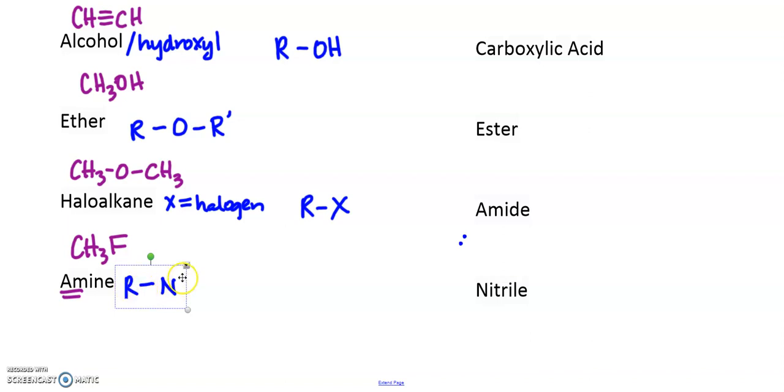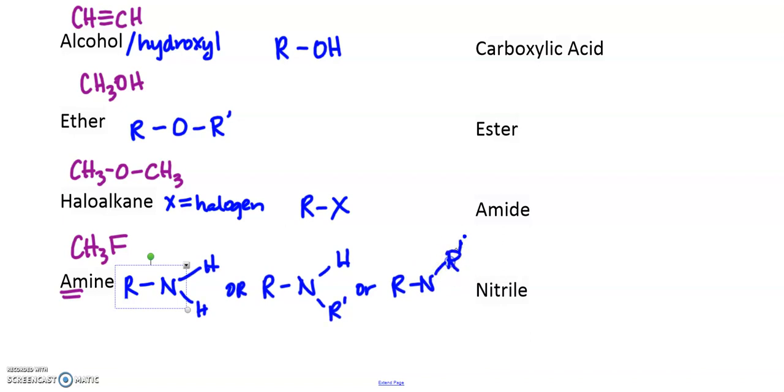So if it bonds to this carbon, its other ones could be H's like this. Or you could have it to an H, and then it could be another carbon group. Or it could be bonded to 3 different carbon groups.